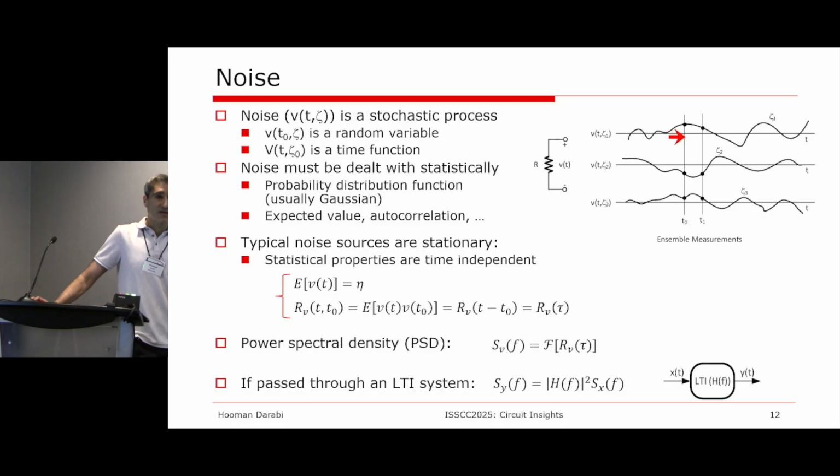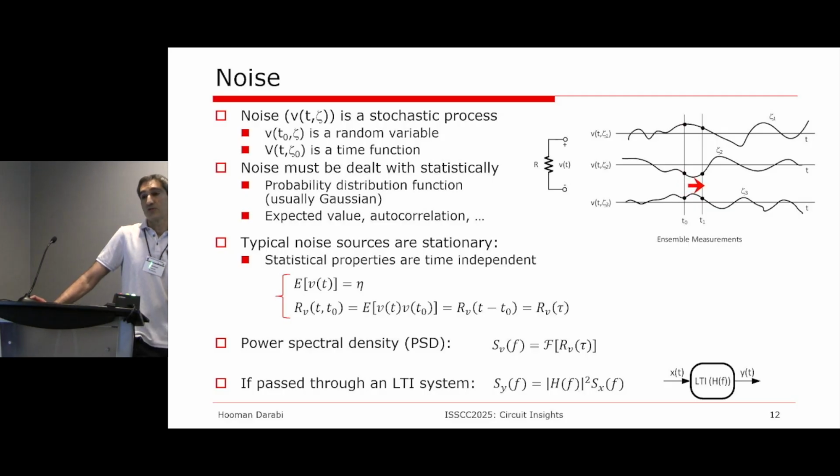This type of signal, which in this case represents the noise of the resistor, is known as a stochastic process, or simply put, a random signal. For a given sample, let's say any one of these, it's a time function. Whereas if you freeze the time, let's say at t0, and collect the voltages of all your samples at that time, this will constitute a random variable.